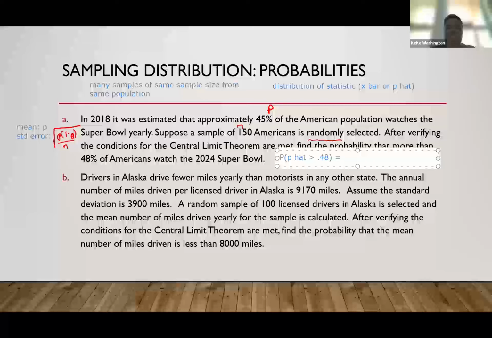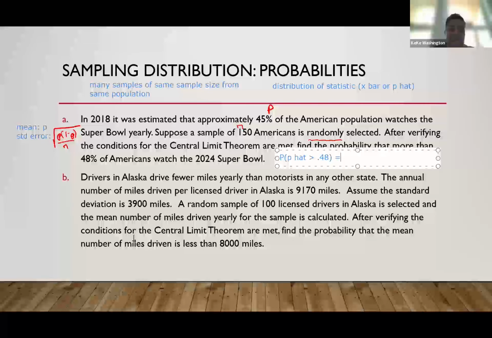All right, so in this case, because I'm finding the probability of my P hat, a sample proportion, that lets me know I'm in a sampling distribution. As long as those conditions have been met, my mean is P, my standard deviation converts to standard error. I've given you the formulas.